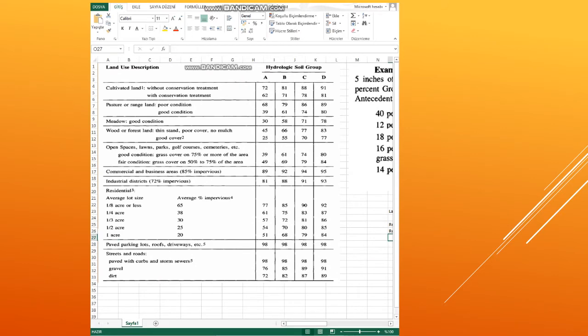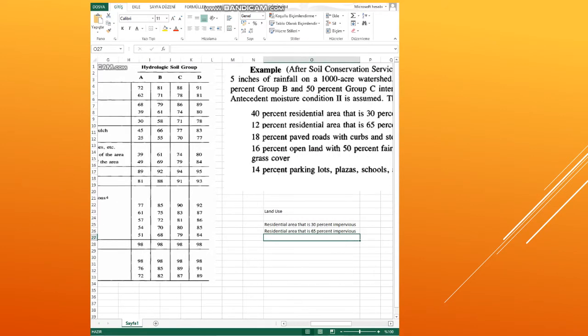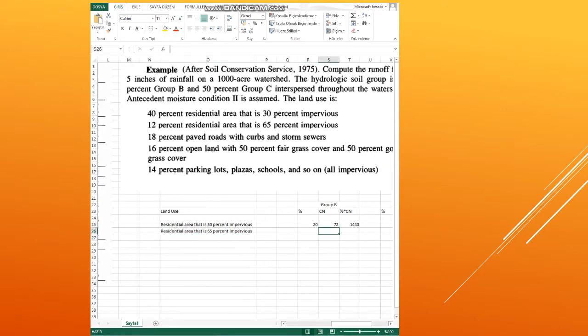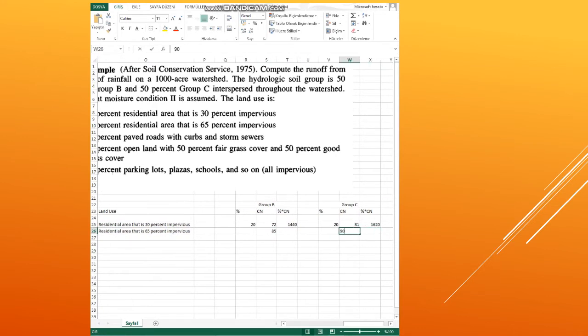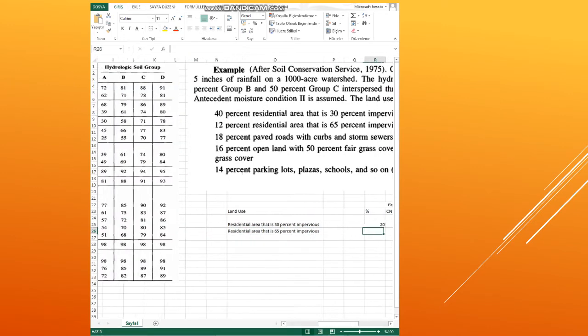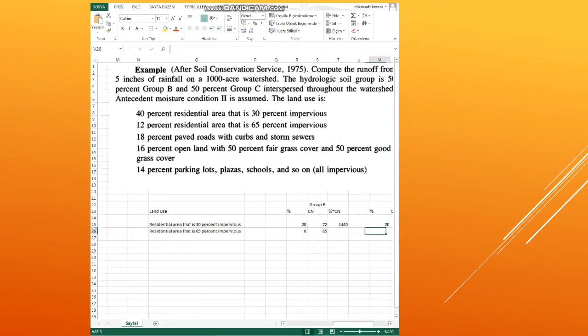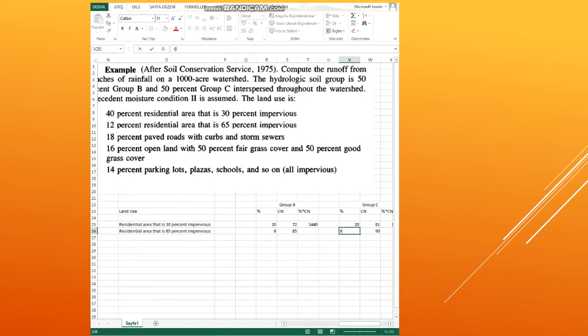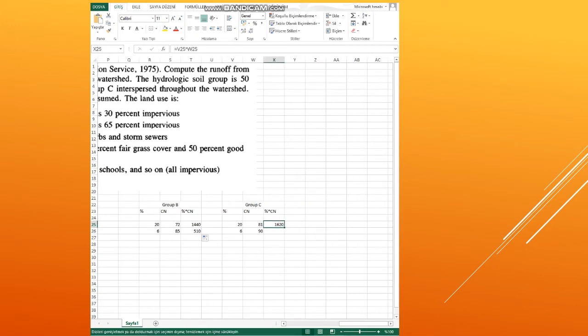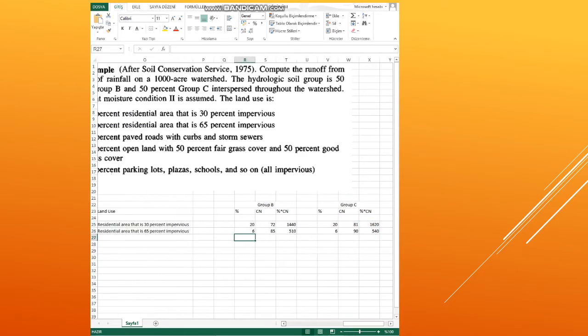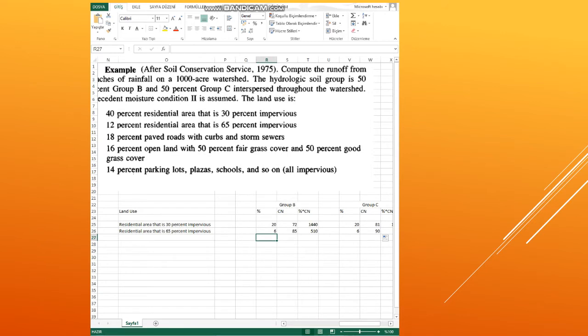For 65, group B is 85, group C is 90, and we just need to put 85 for group B and 90 for group C. We see that it is 12%, so 6% is here and 6% is here. Then we just need to do this in order to make the product. Okay, let's fill it out, and after that we can calculate the product. 18% paved roads, so it is going to be 9% here, 9% here.